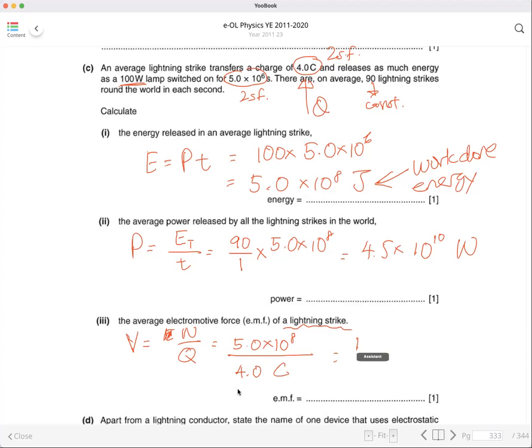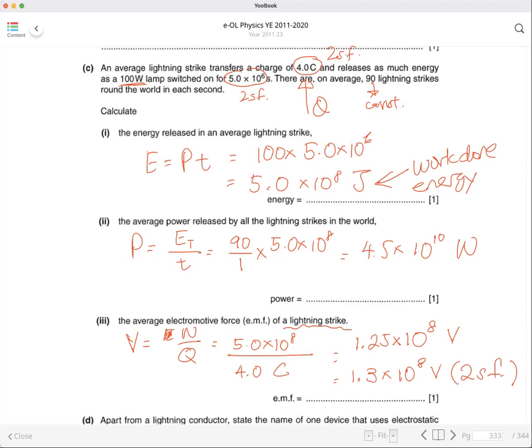Okay, so most of you can tell me 1.25 times 10 to the power of 8 volts. And you all remember my question, they're all in 2SF. So the answer cannot be so specific to 3SF. So your final answer should be 1.3 times 10 to the power of 8 volt. You write down to 2SF. Is that clear? Okay, Oscar, can you change it to 1.3?